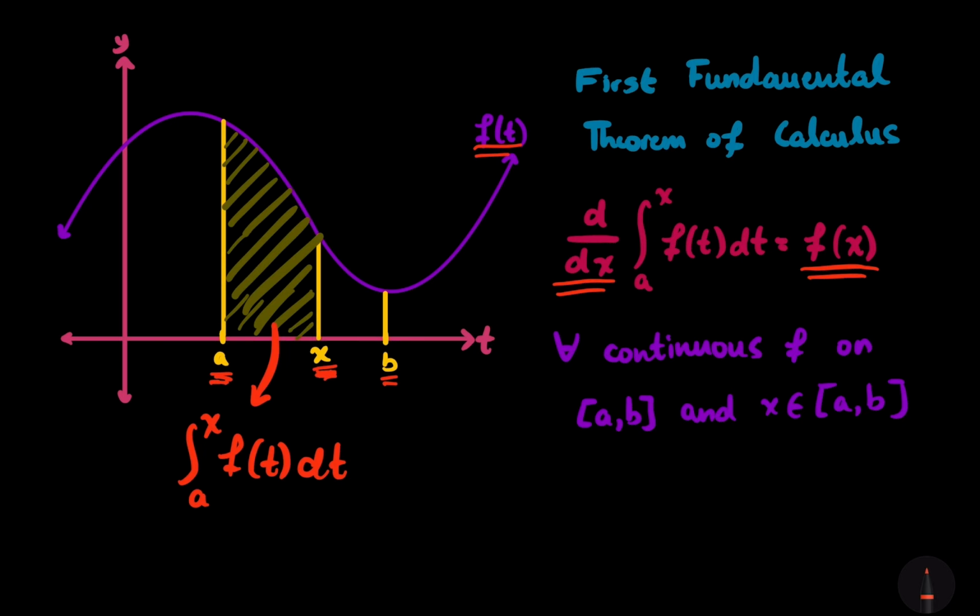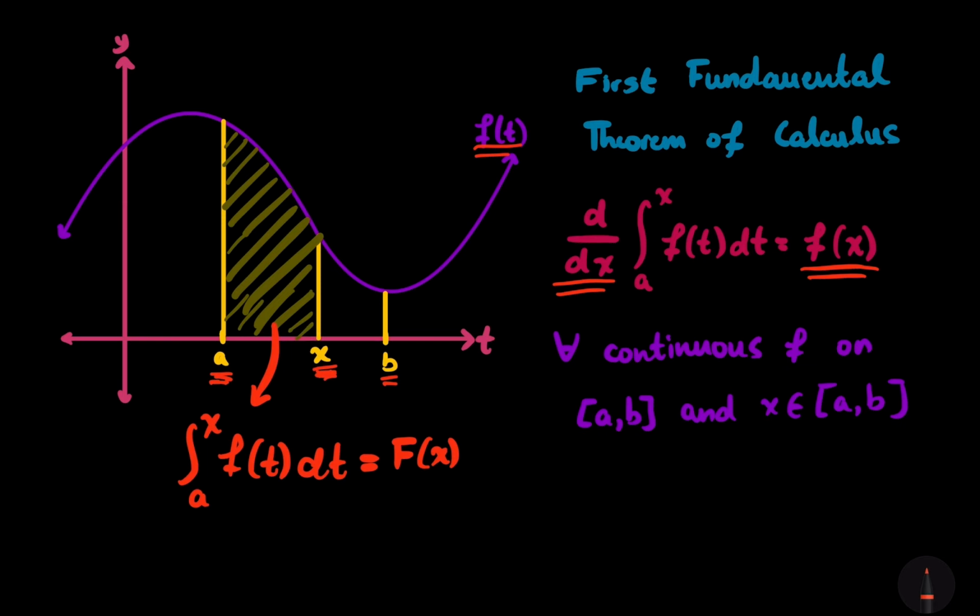It could be anywhere from a to b, so it could be any number in between those two endpoints. And so if we define this as some function, capital F of x, because x would be our input in this case, then whenever we put in an x value, this function gives us the area under the curve of lowercase f of t, from t equals a to t equals x, for any x contained within the interval a to b.